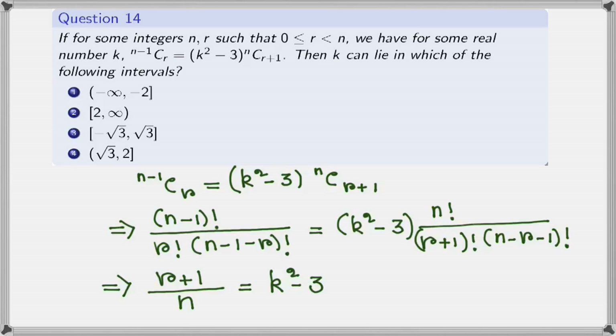So putting the values r = 0 and r = n-1, we get 1/n ≤ (r+1)/n, and this is ≤ 1. That means we have 1/n ≤ k² - 3, and this is ≤ 1.